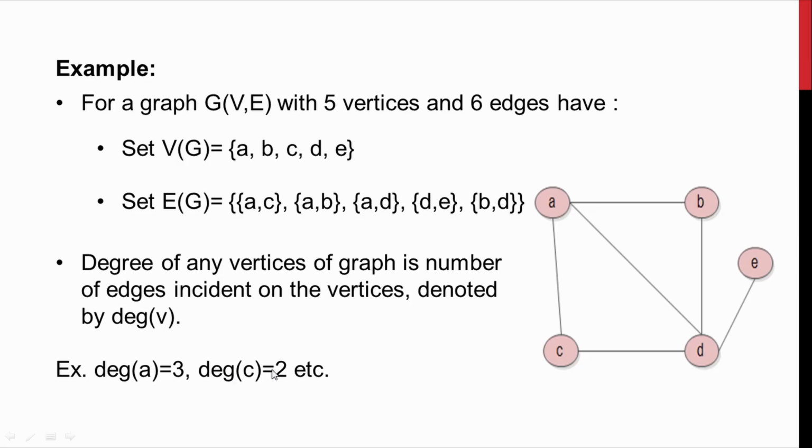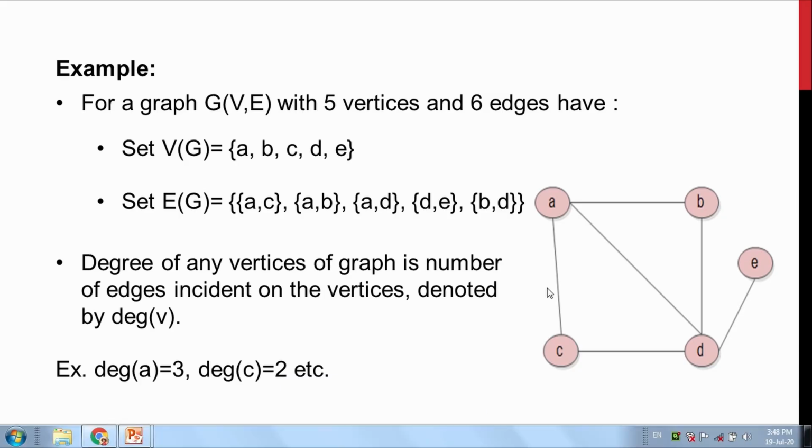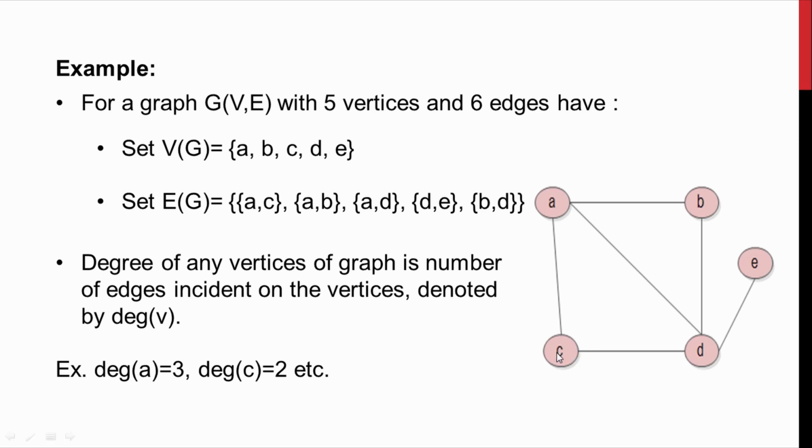The degree of C is 2, so 2 edges are incident to C: 1, 2. If we say the degree of D, that means 1, 2, 3, 4. The 4 edges are incident to D, so the degree of D is 4.